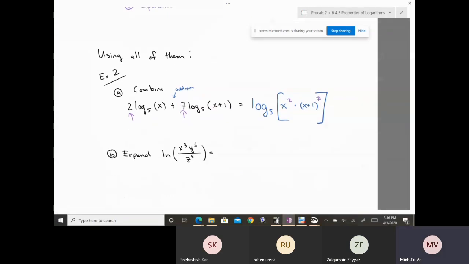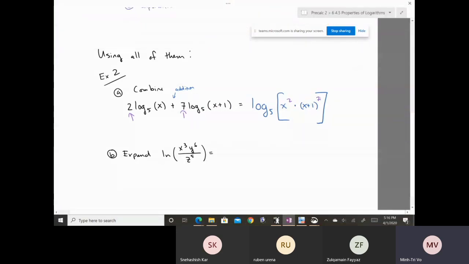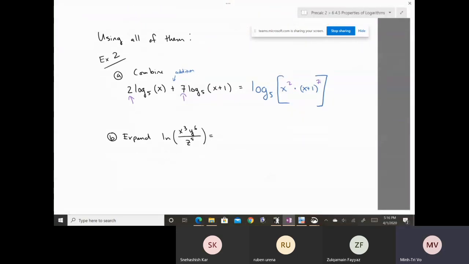Okay, so that's combining, and expanding, you just try to work in reverse, right? So second example here, I have the natural log, and you count how many you have. You have x, y, and z, so I should have 3 terms. Yes. And then, right, so the variables are being separated.